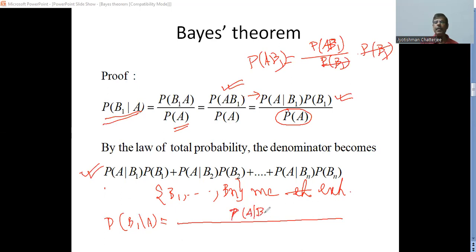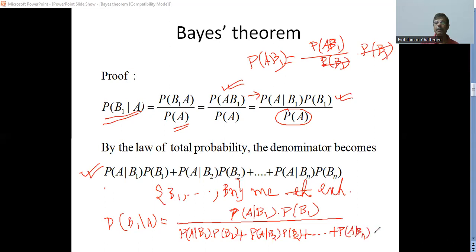Probability of A given B1 multiplied by probability of B1 divided by, you get this.